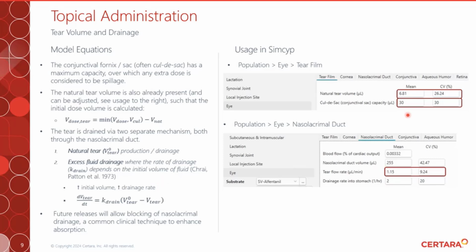And so we've modeled it such that whatever your conjunctival stack is capable of holding, any extra above that is just going to be lost. And on top of that, there's excess drainage as well during that time. So there's an increased drainage rate.